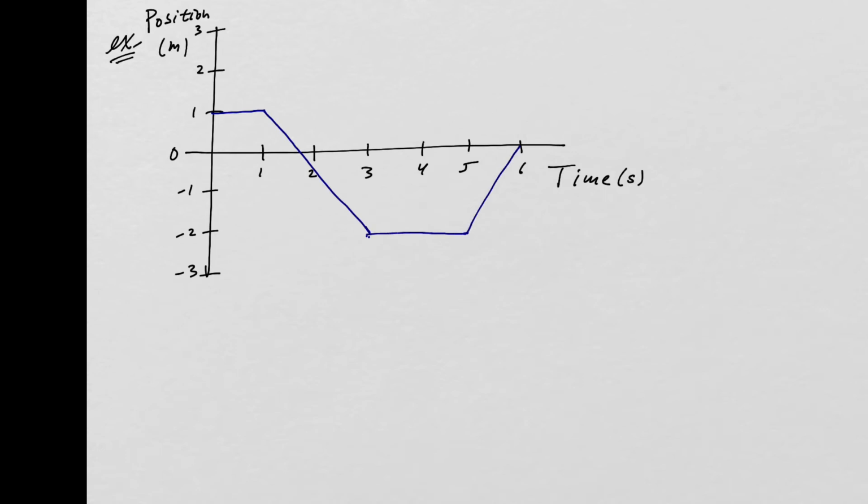So I could ask you a bunch of questions about this, right? I could say, what is the position at 4 seconds? Or I could say, what's the velocity at 1.5 seconds? And let's do another one. Let's say the velocity at 5.5 seconds.